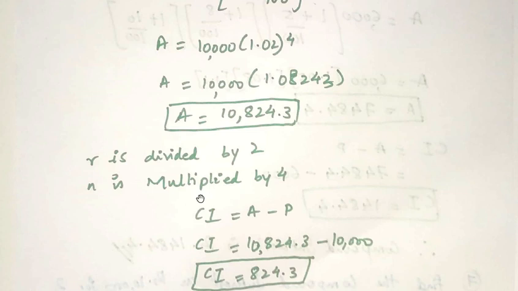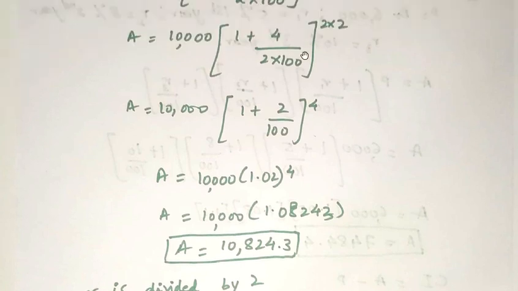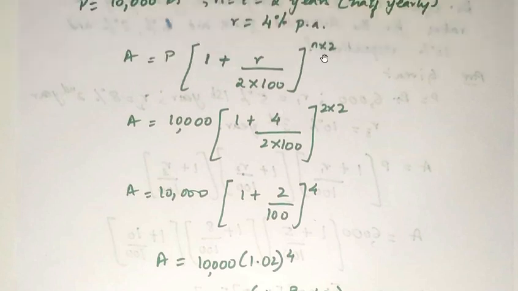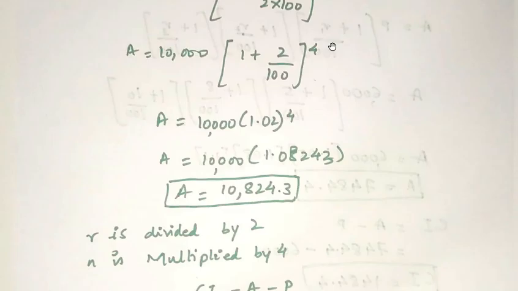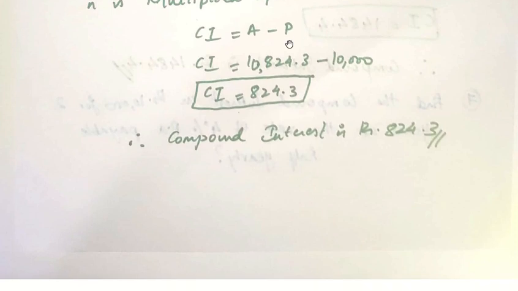When it is quarterly basis, rate will be divided by 4 and n will be multiplied by 4, which is in your formula. Here it is half yearly basis, so rate is divided by 2 and n is multiplied by 2. So compound interest is equal to amount minus principal.